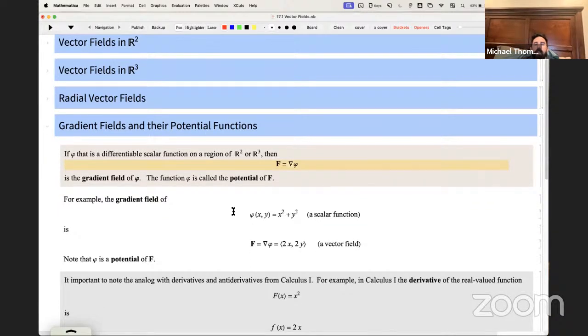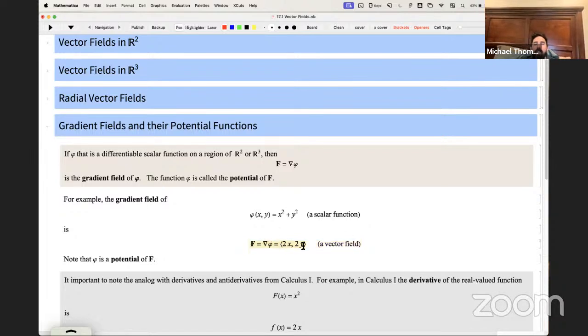So for example, here's a scalar valued function, that's a surface in R3. When we take the gradient of it, we end up getting a 2-dimensional vector field. So these are different objects, right? We're starting with a surface, and then we're taking the gradient and getting a vector field out of it, but it's analogous in the fact that it's kind of like differentiation. By the way, it works in reverse too.